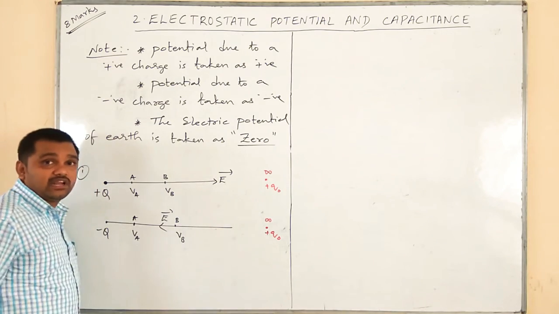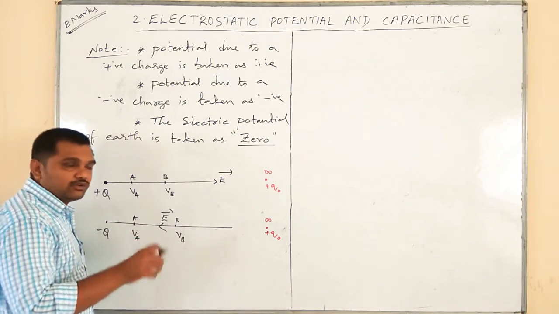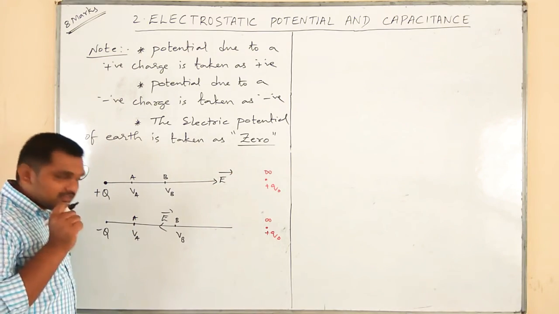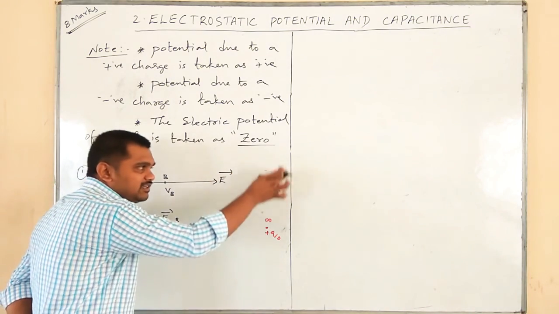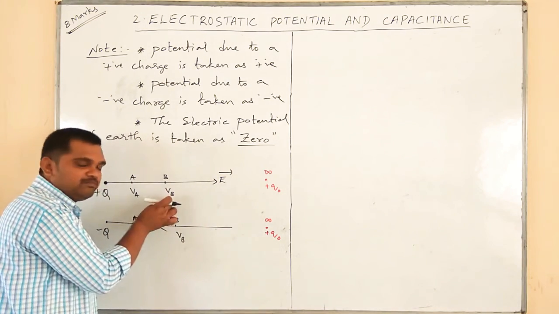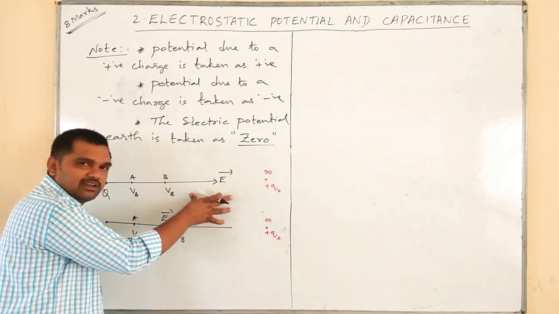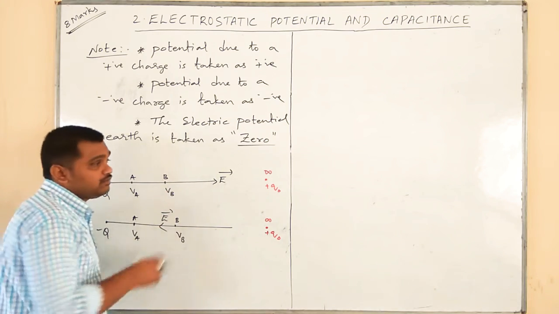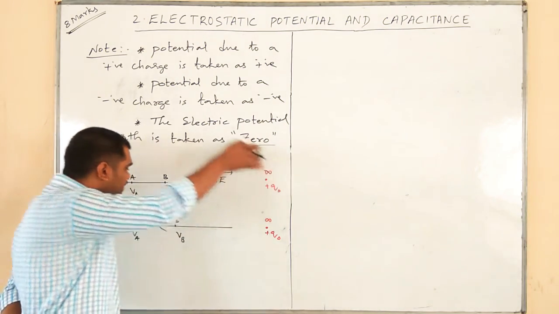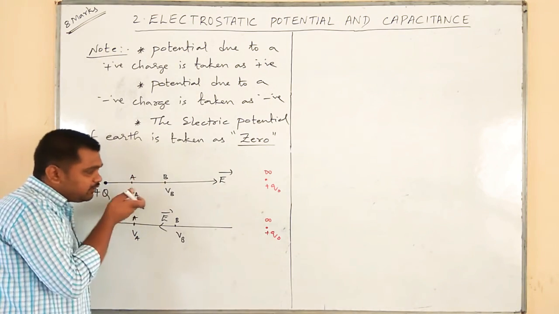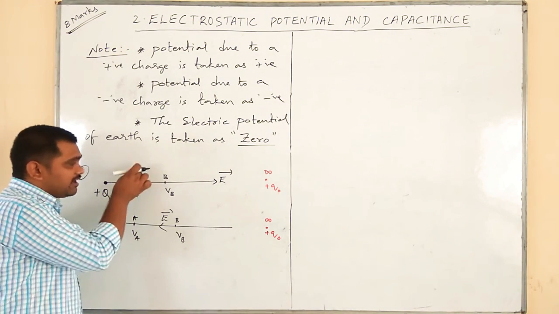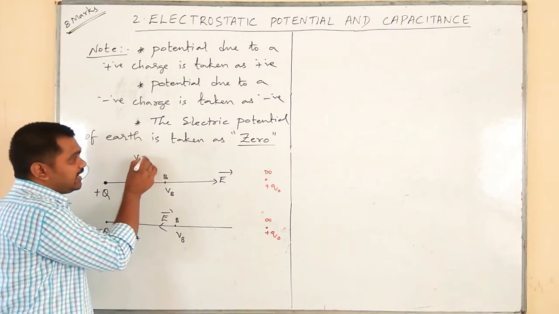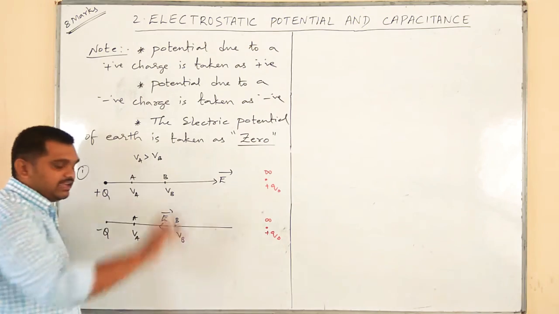Since the concept of electric potential is mainly to do with work, the more the work done, the more the potential. Therefore, to bring the charge from infinity to B, we have to do small work, so here the potential is less. To bring the same charge from infinity to A, we need to do more work. Therefore, at A the potential is more. That is, VA is greater than VB.